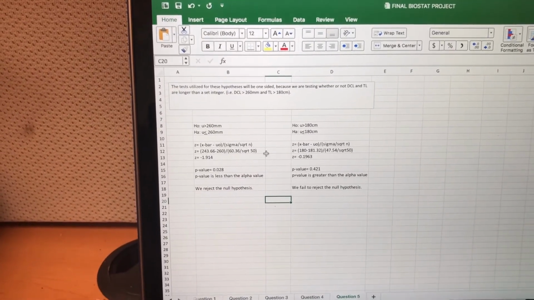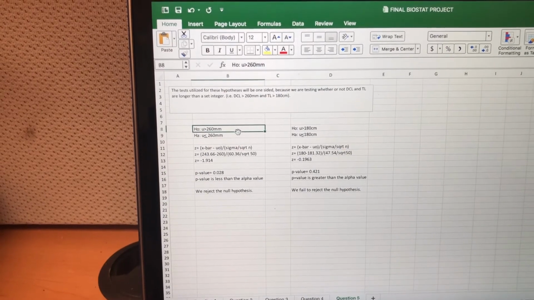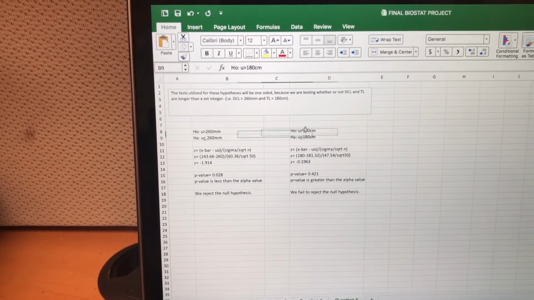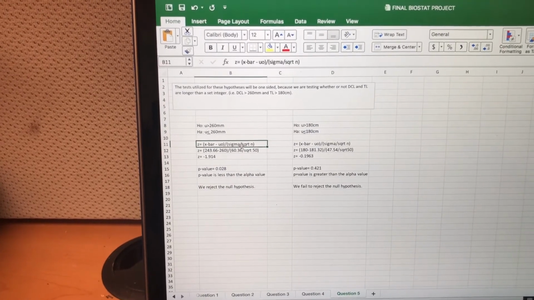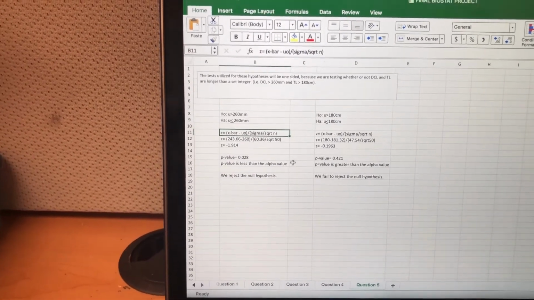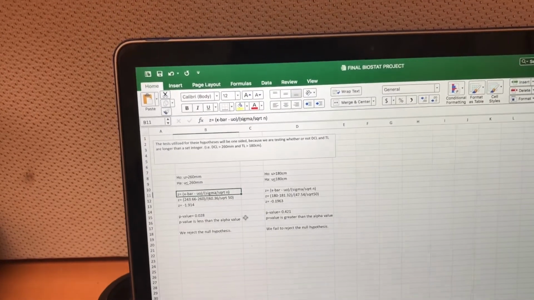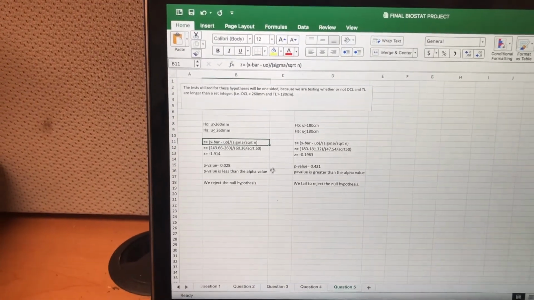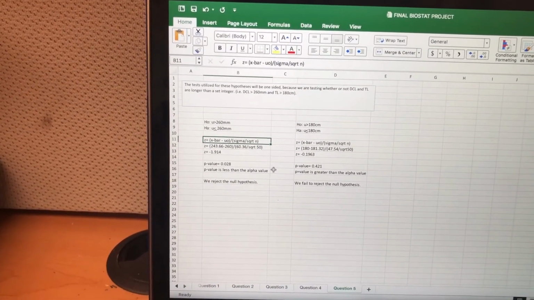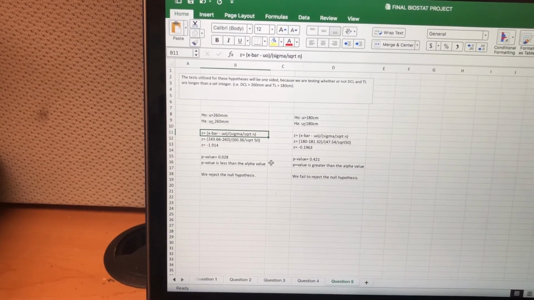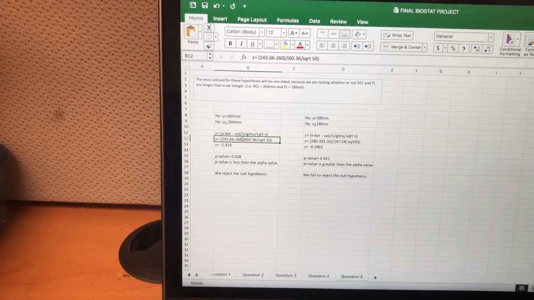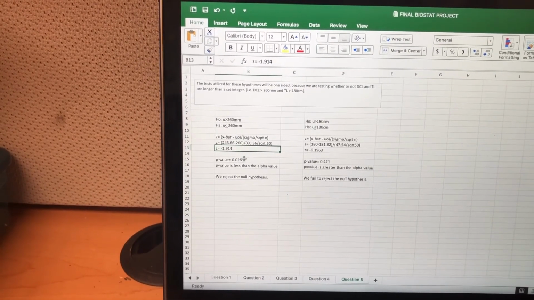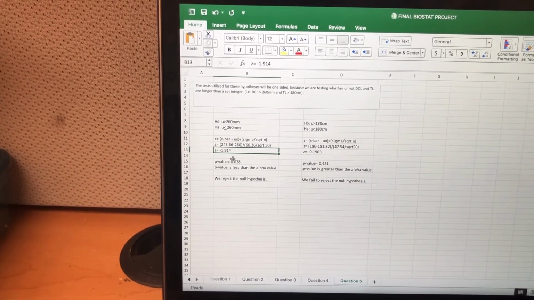So I stated my null hypothesis and my alternative hypothesis for both. And then I used the formula z equals x bar minus mu over sigma divided by the square root of n, or the mean. And I got those points, and the z-score for this was negative 1.914.